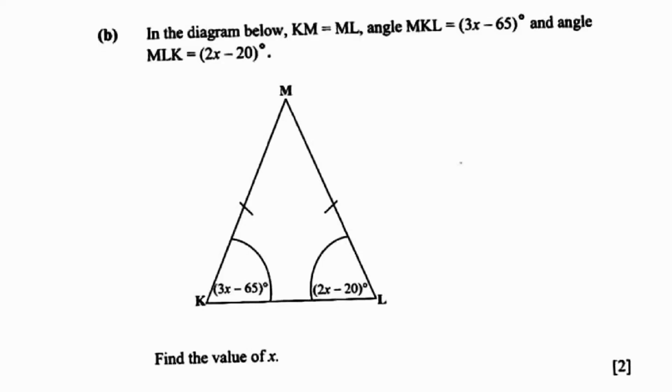Question 6B reads, in the diagram below, KM is equal to ML. So there is a diagram where we are told that this diagram has the following values. KM is equal to ML.